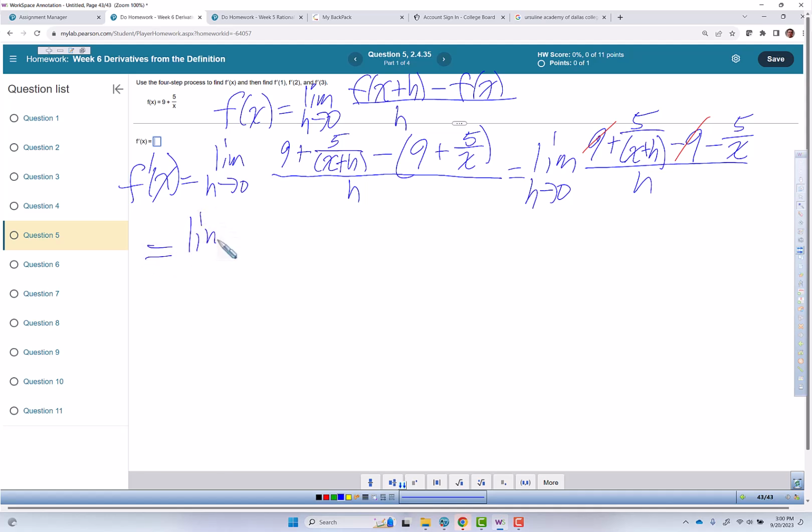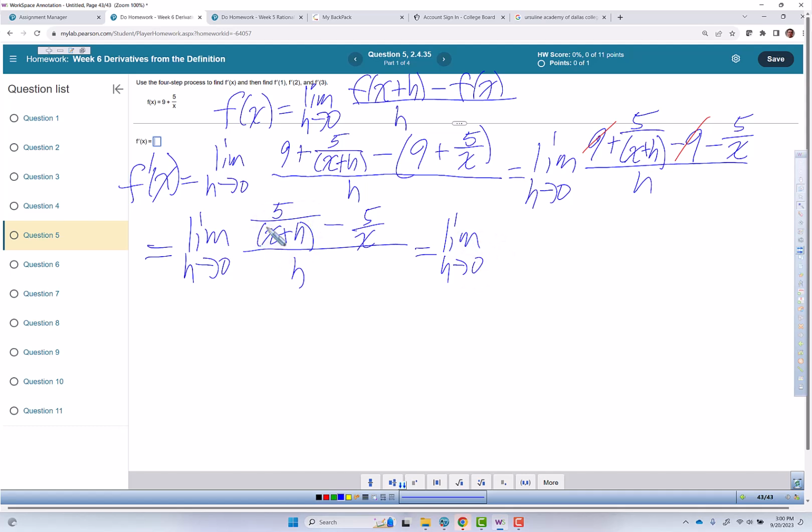So equals the limit as h approaches 0 of 5 over x plus h minus 5 over x all over h. We're going to need a common denominator before we can subtract those two fractions.